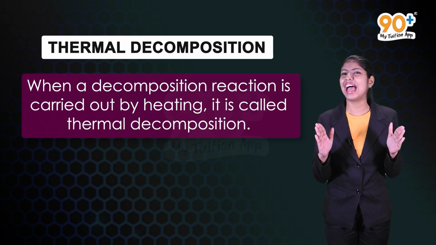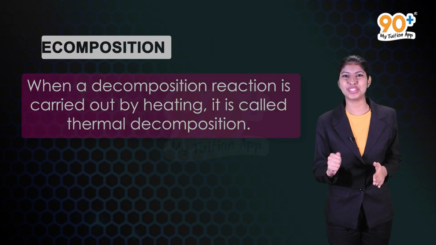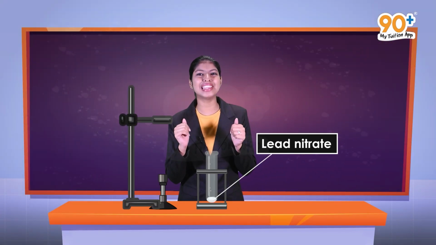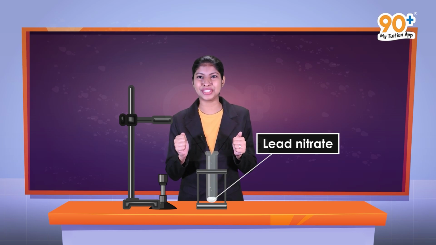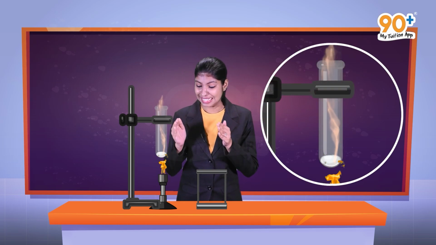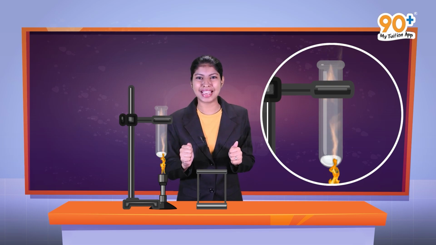Let's do an activity to clear the concept of thermal decomposition. For that, here I have 2 grams of lead nitrate powder in a boiling tube. Now, let's heat this boiling tube. What do you observe? Yes, you can see the emission of brown fumes, right?